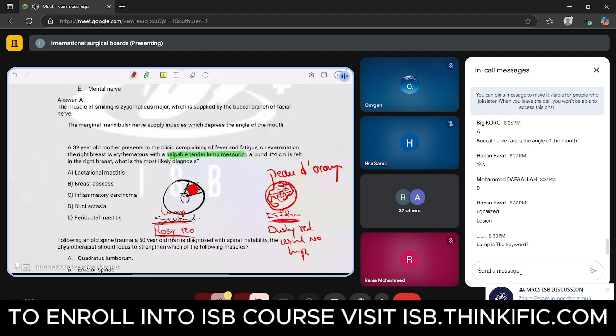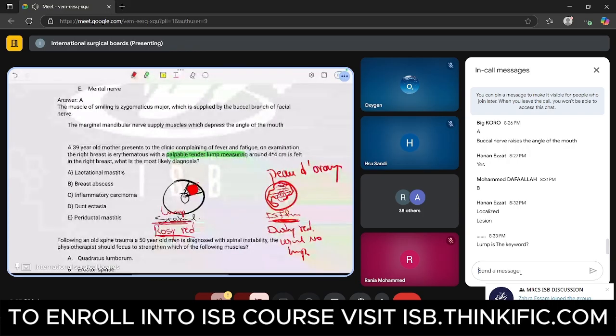So you can guess how much chronic breast abscess simulates carcinoma in almost every clinical aspect. So with that being said, in lactational mastitis, as long as there is either cellulitis or acute abscess, there will be no peau d'orange. But if a chronic abscess forms, there will be peau d'orange.